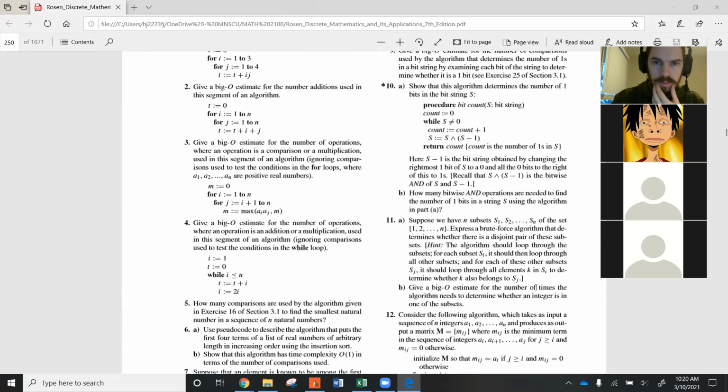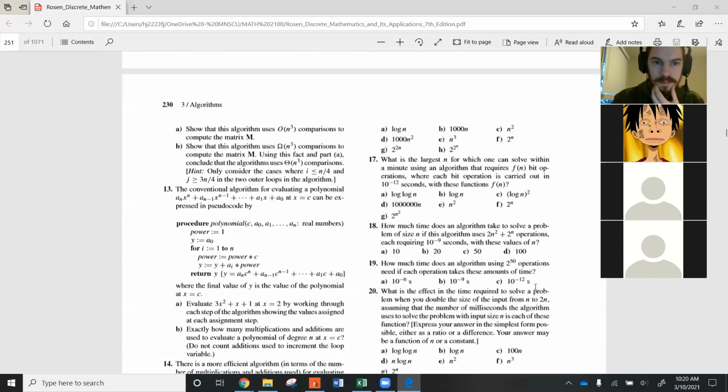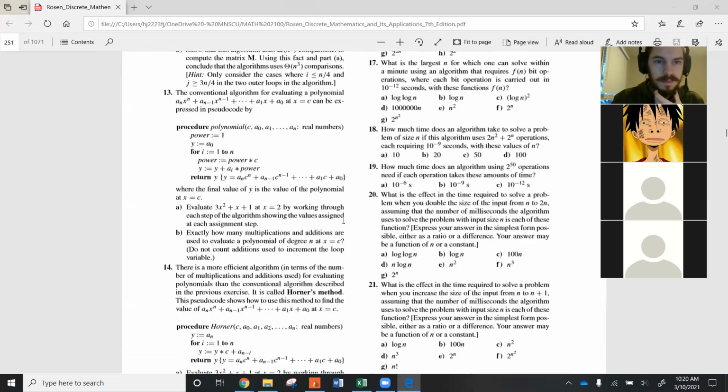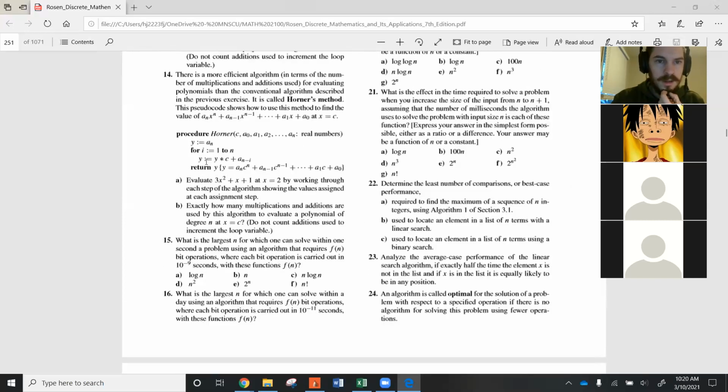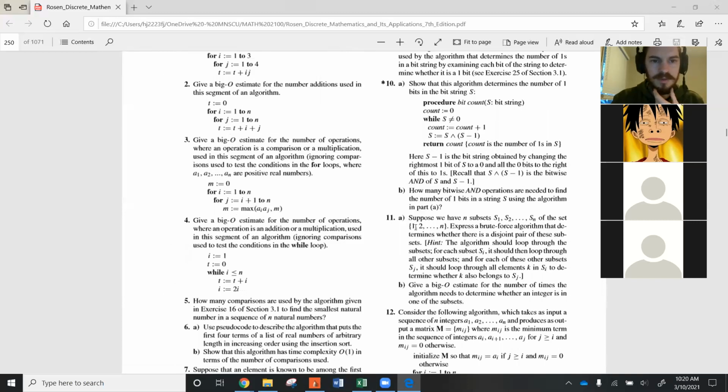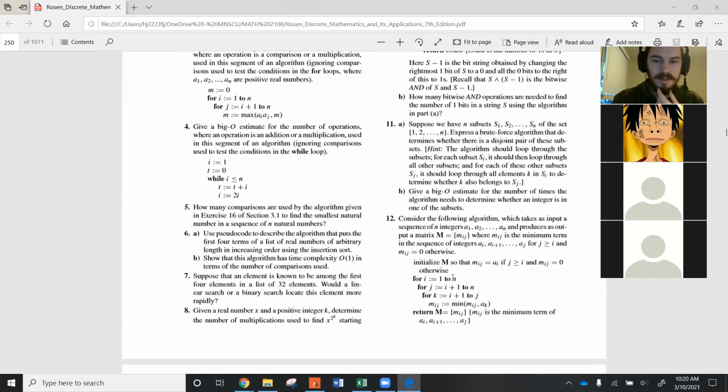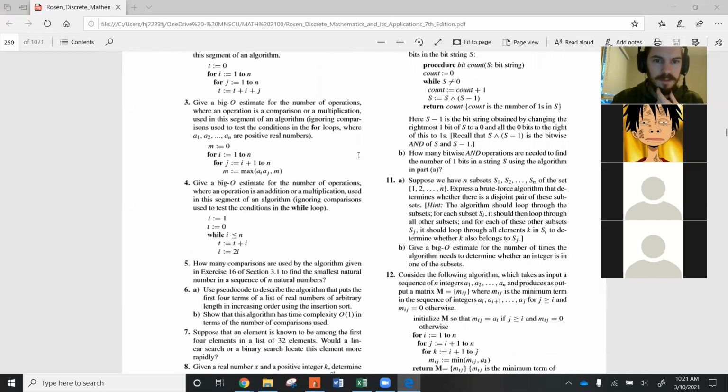Maybe the one from the assessment. Yeah, sure. Number 14, the Horner algorithm. That one or number 4. 4 is cool. Horner is a little bit more boring. Let's pick 3 and 4 and maybe go over both of those.